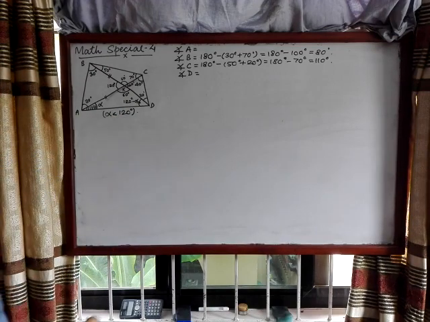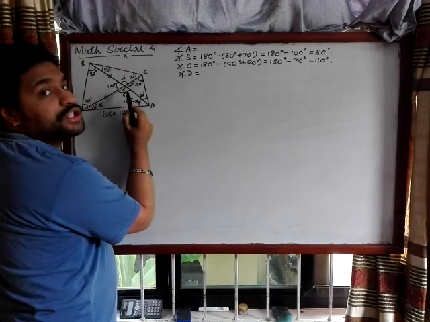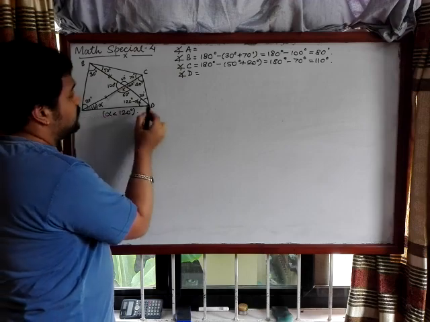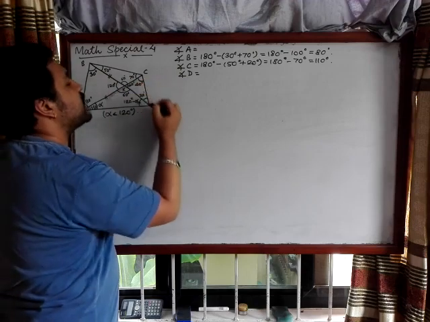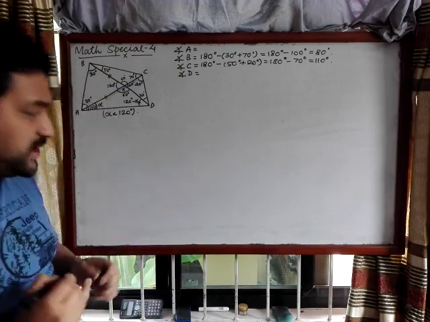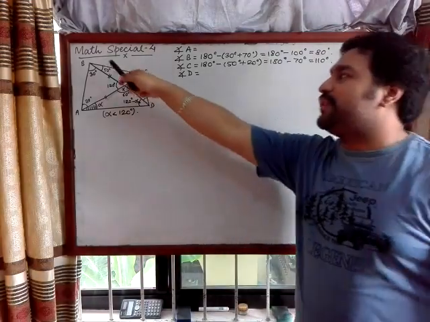Now we are going to use sine law in the 4 non-intersecting triangles. You can use intersecting triangles as well, but you might miscalculate something.